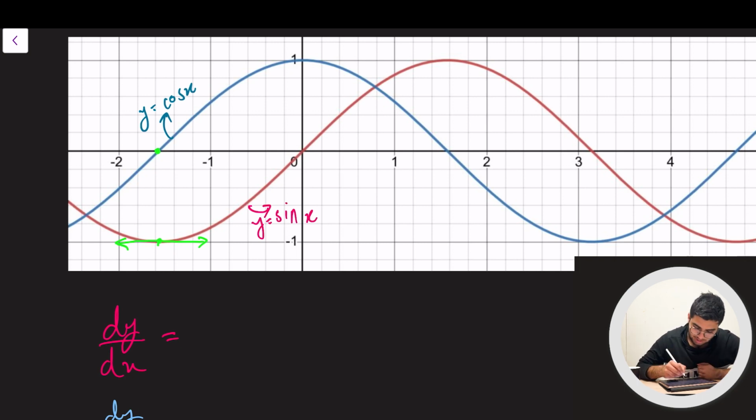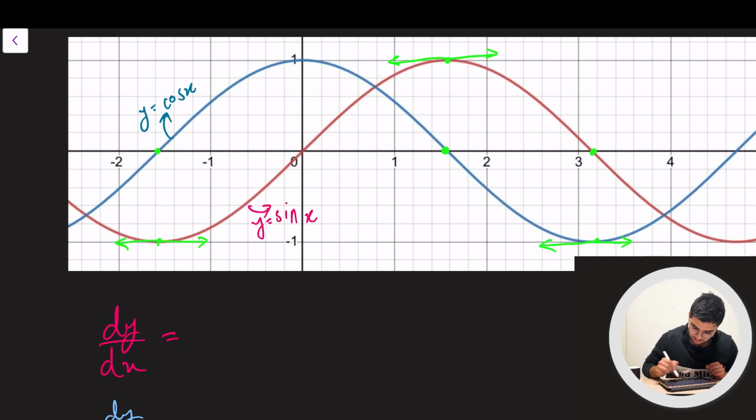Similarly here, the tangent seems to be horizontal again, and therefore the derivative is again 0. The derivative function at this x value would also pass through 0. Very good. One more, right here, another 0.